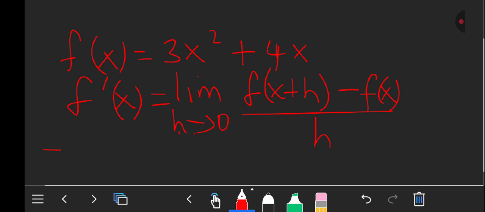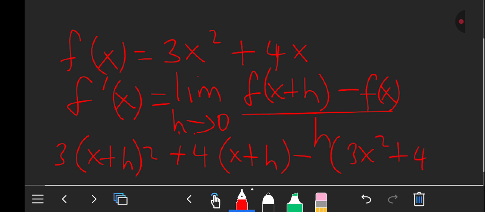So 3, whenever I see x I substitute x plus h, so it will be x plus h squared. Then plus 4, wherever I see x I'll substitute x plus h, then minus the function itself, which is 3x squared plus 4x. Then everything is over h.